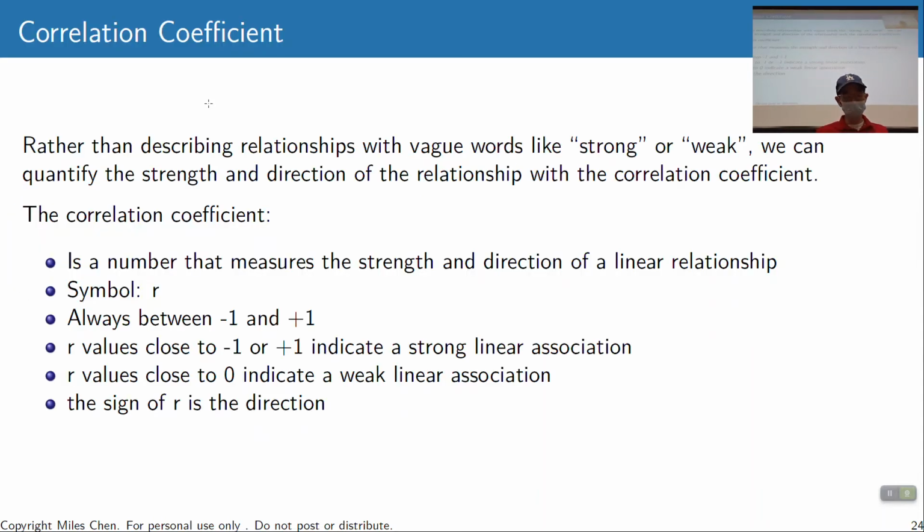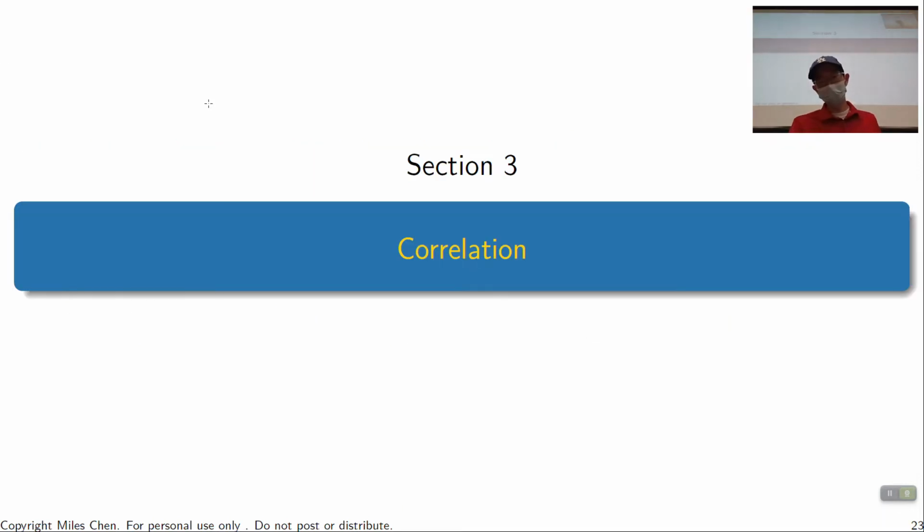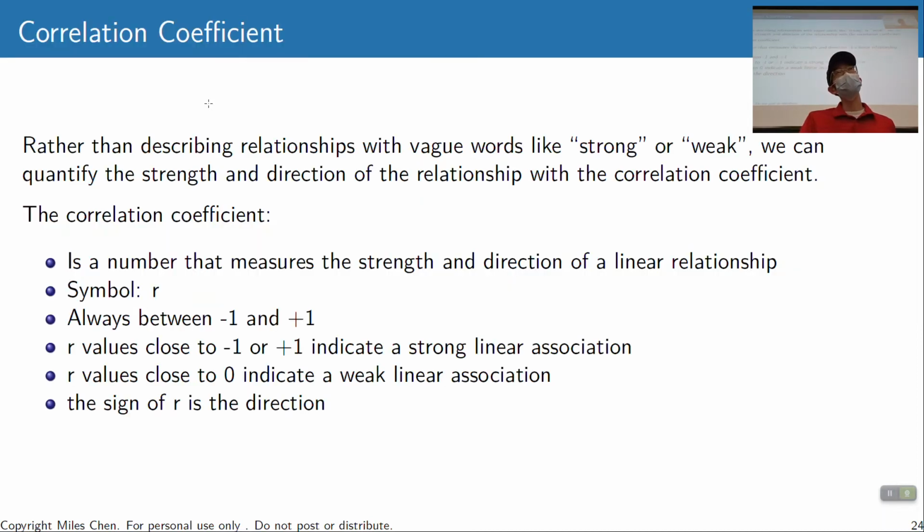All right, so let's introduce correlation. So we've been describing relationships between numeric variables, and we have built up this vocabulary: linear, nonlinear, positive or negative, strong and weak, and things like that. Now we want to quantify it. Just like when we introduced the standard deviation as a value that we can use to quantify the amount of spread.